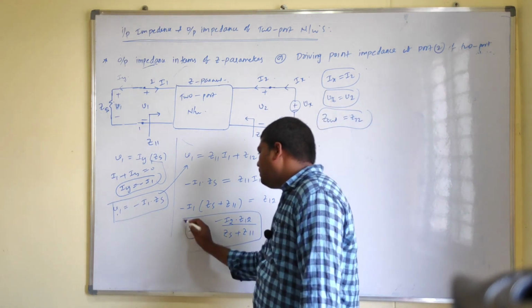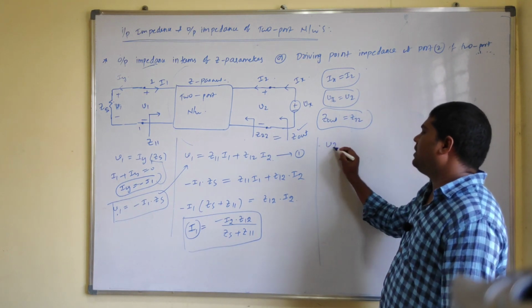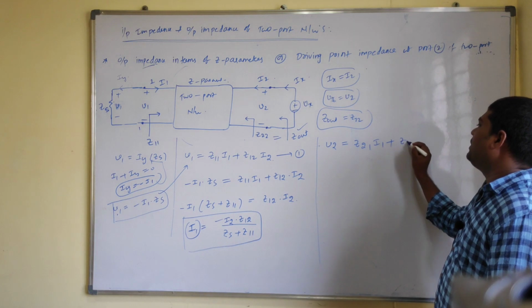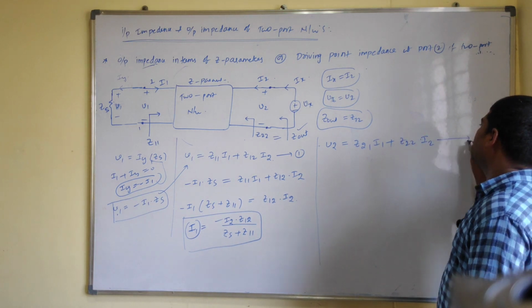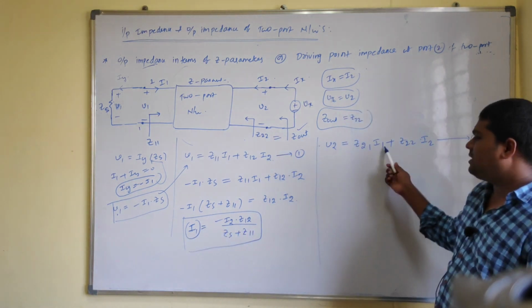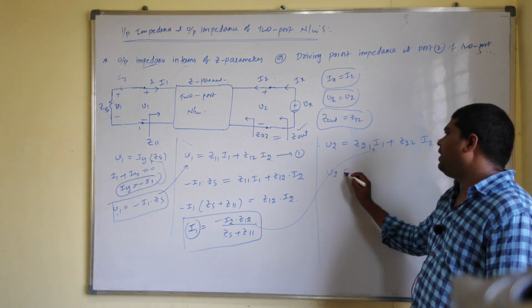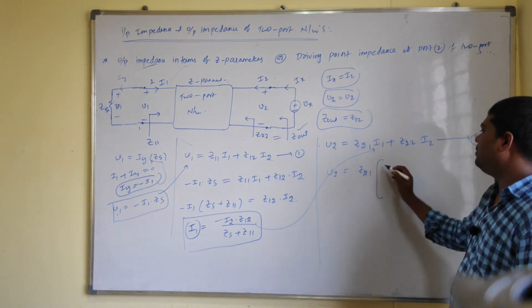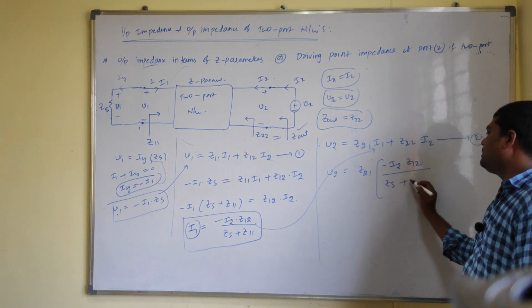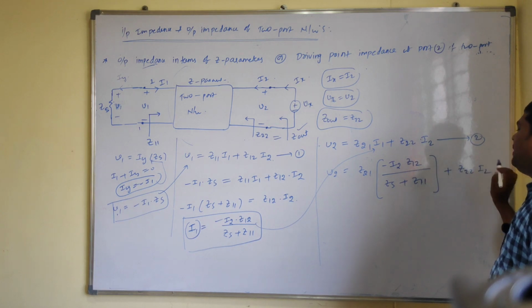Now this I1 value can be substituted in equation number 2, so V2 equals Z21 into I1 plus Z22 into I2. This is equation number 2. Now substitute this I1 value in this expression. What do you get? V2 equals Z21 into minus I2 Z12 by Zs plus Z11, plus Z22 into I2.